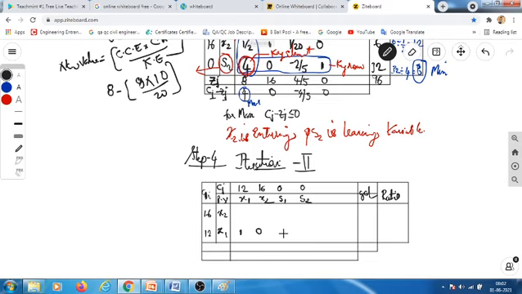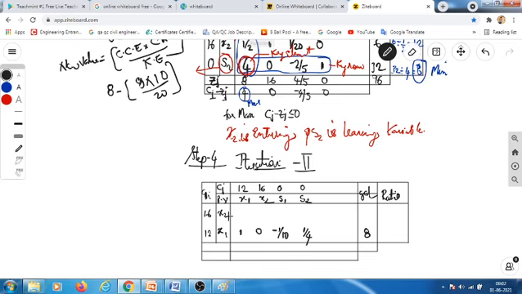Minus 2 by 5 divided by 4 is nothing but minus 1 by 10. This will be 1 by 4. Solution is 8. So I will write 8 over here, this minimum value.